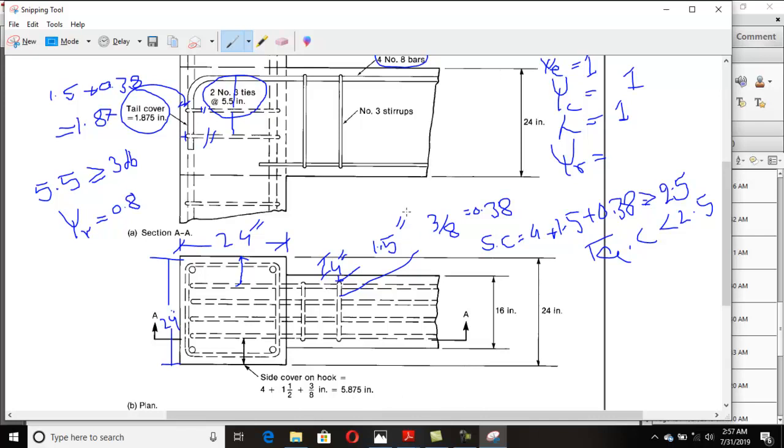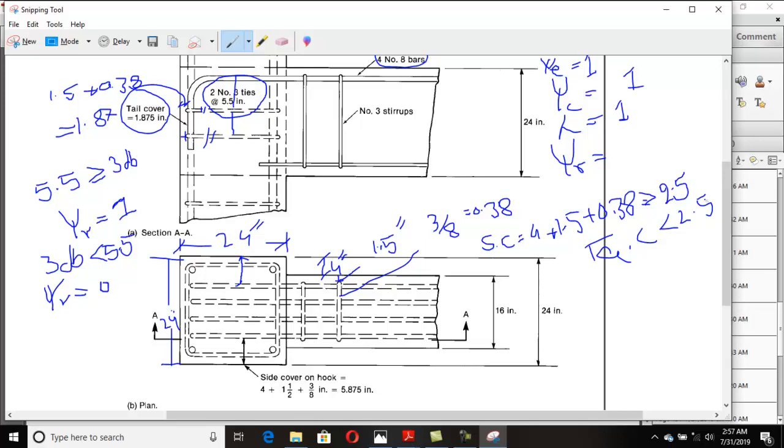Okay, 0.8. But if it is greater than, so as it doesn't fulfill the criteria, it will be 1. Okay, your psi r factor will be 1. And if your 3 dB is less than 5.5, then your psi r will be what?